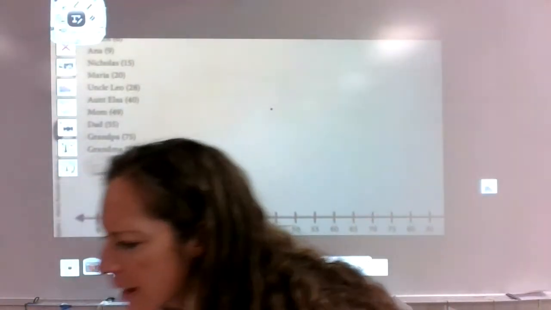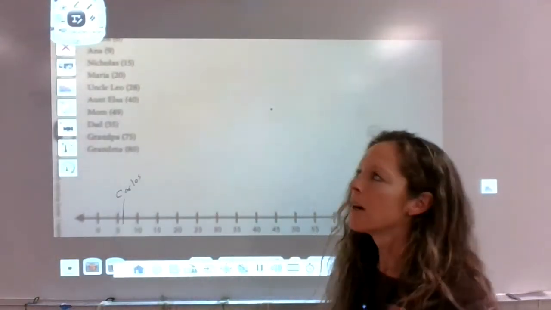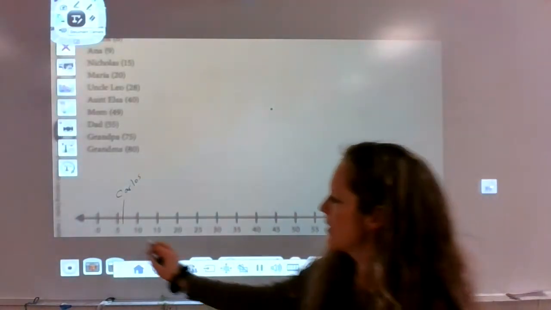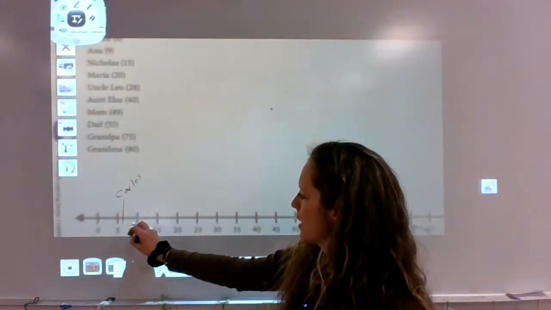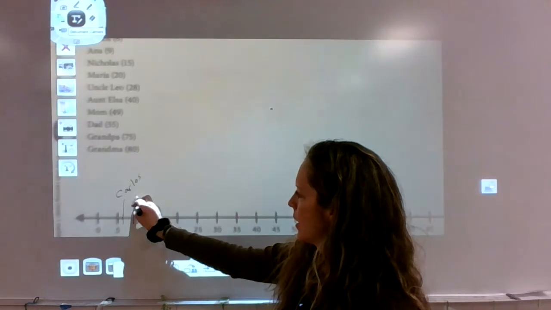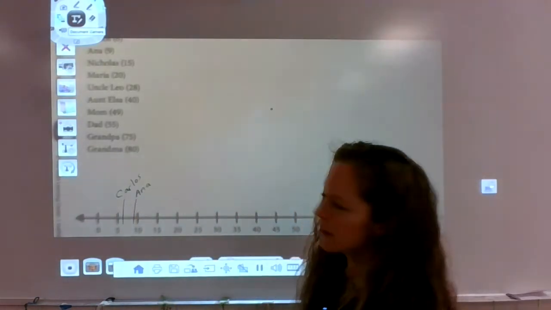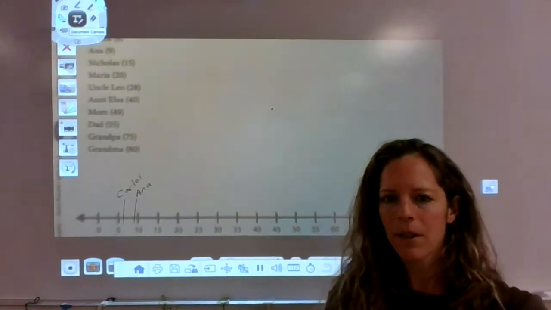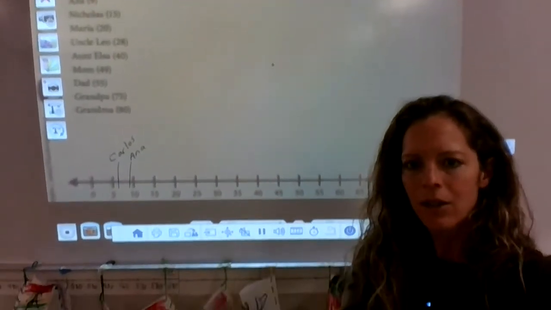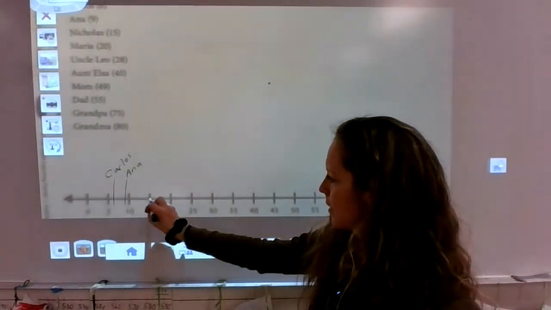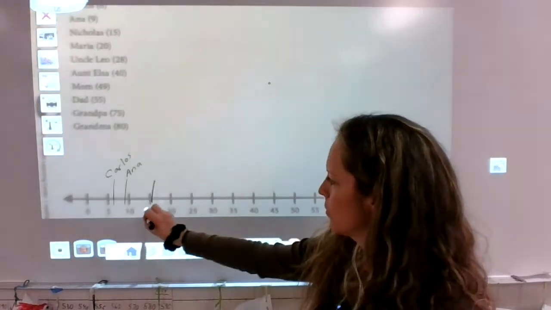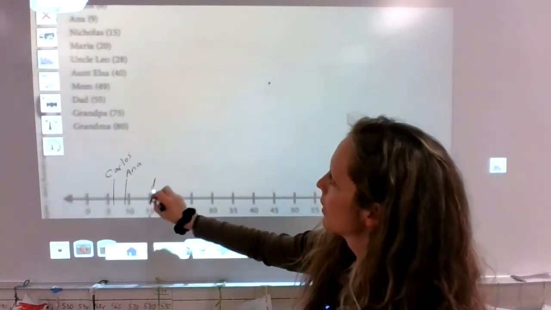Okay. Then we have Anna, and she is 9. That comes before 10, so I'll put my line before there and squeeze in Anna's name. Nicholas is 15, so I'm going to go directly to the 15. Close enough.